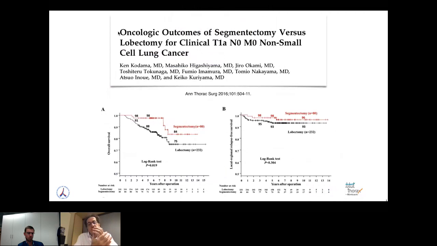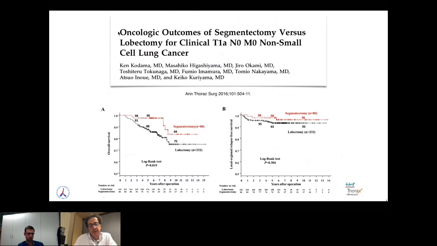Now, what is very strange is that when you look at the publications coming from, let's say, expert centers in Japan, you have excellent results published, and segmentectomy is never significantly superior to lobectomy, but it is at least equivalent.